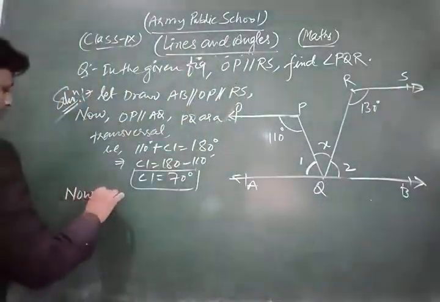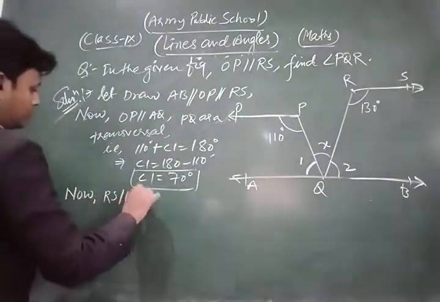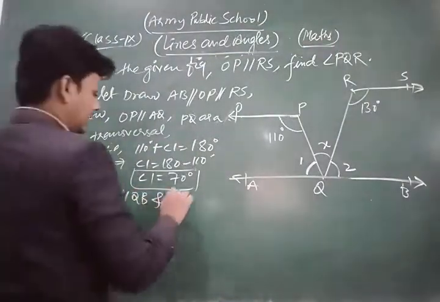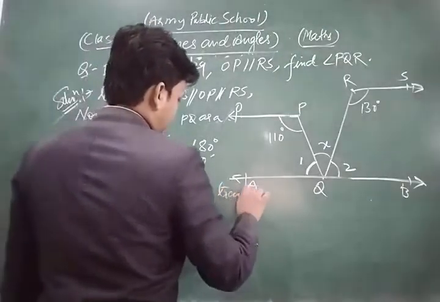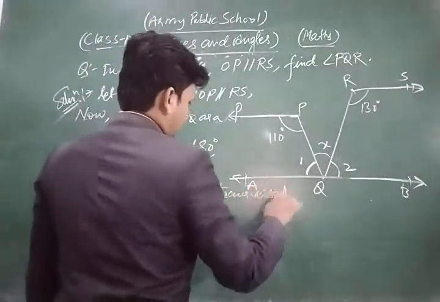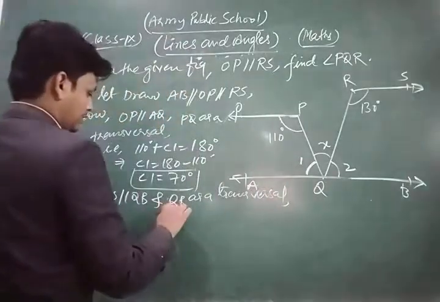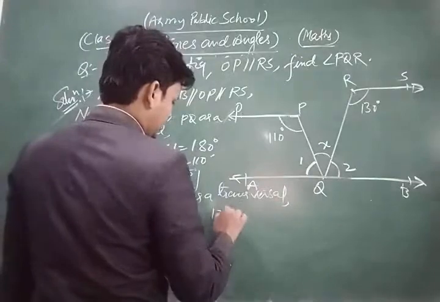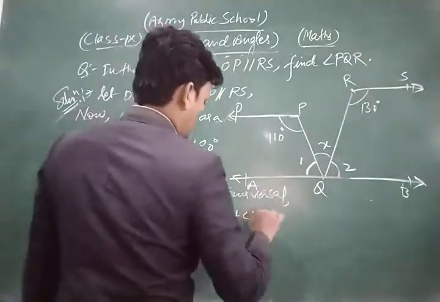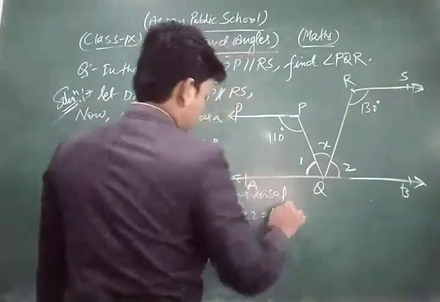Now we take RS parallel to QB and QR as a transversal, that is 130 plus angle 2 is equal to 180.